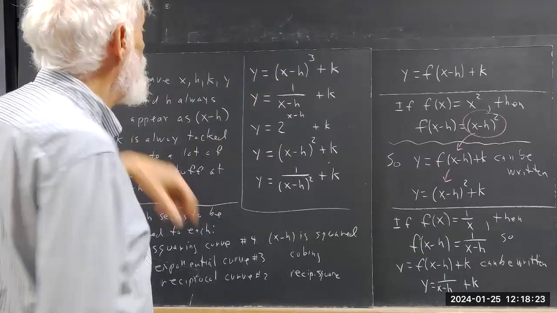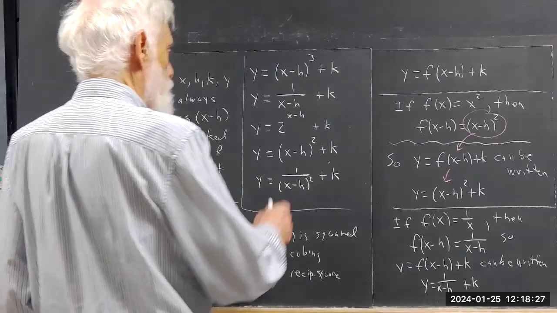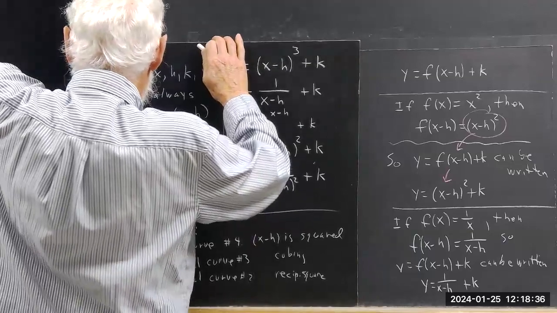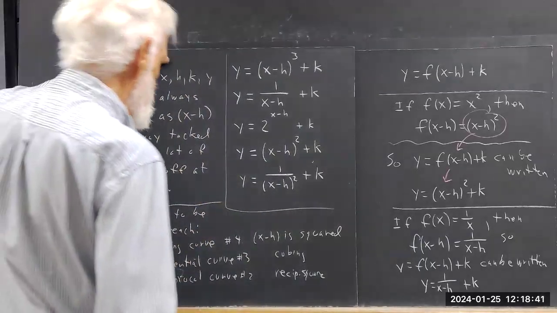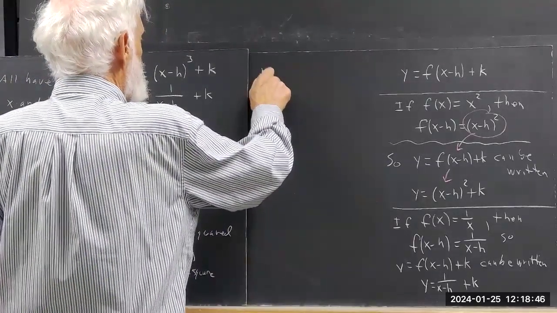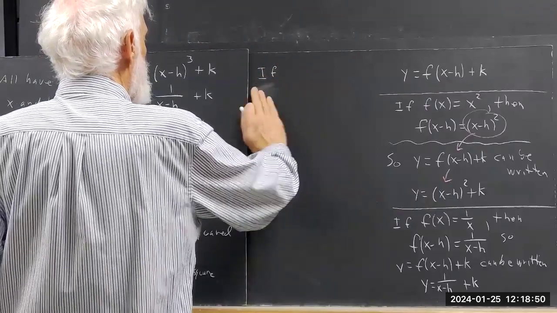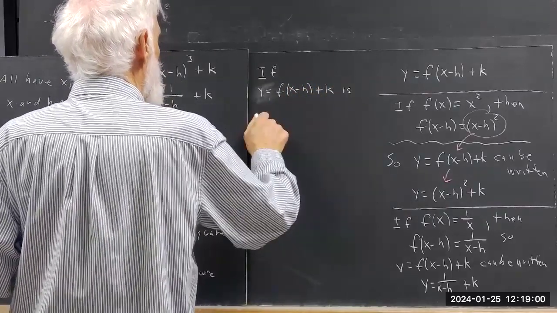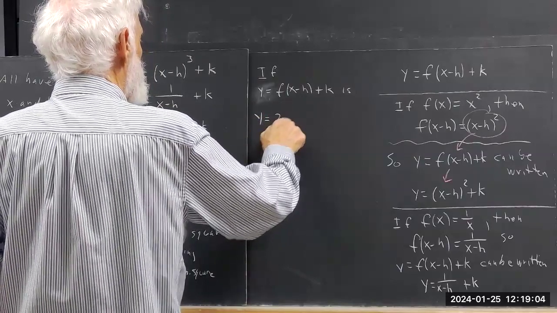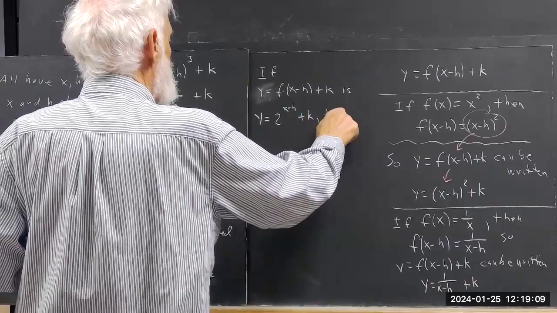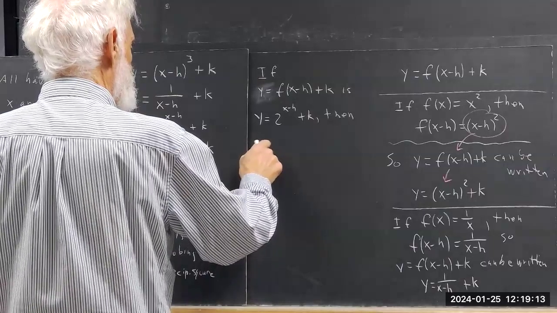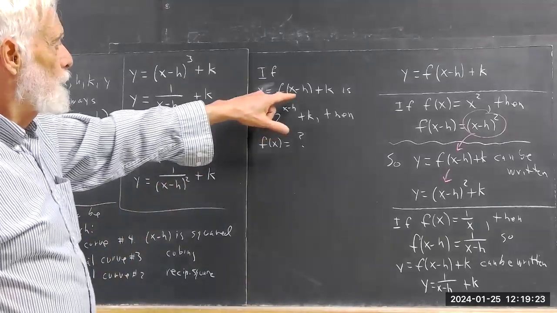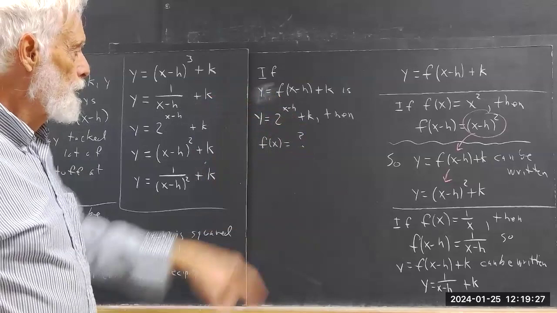Now, let me turn the question around. If we want to get number 3 here, okay, if y equals f of x minus h plus k is y equals 2 to the x minus h plus k, what's f of x?